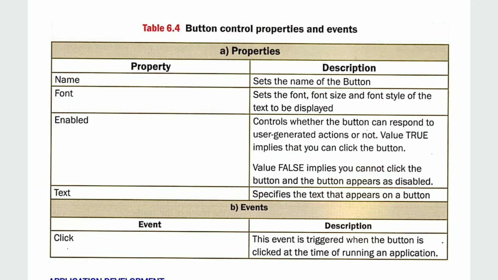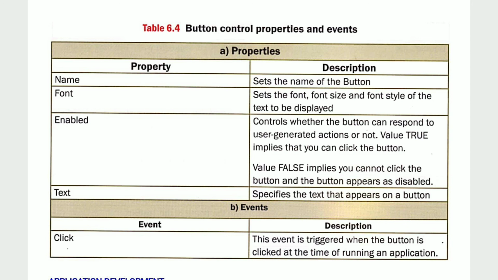The next property is the text property. As I already described, the text property specifies the text that appears on the button. I also described the difference between the name property and the text property. The name property will be used in the coding and the text property will be used to appear on the object.